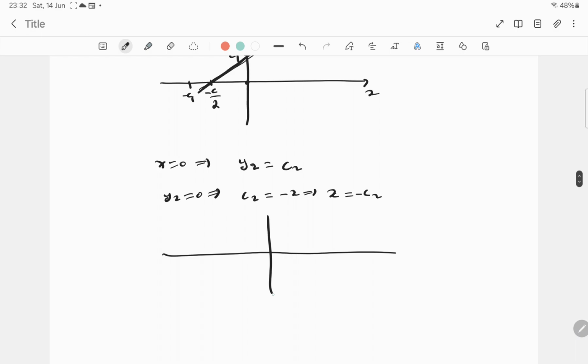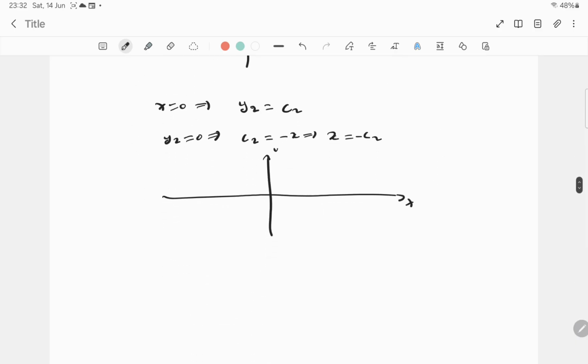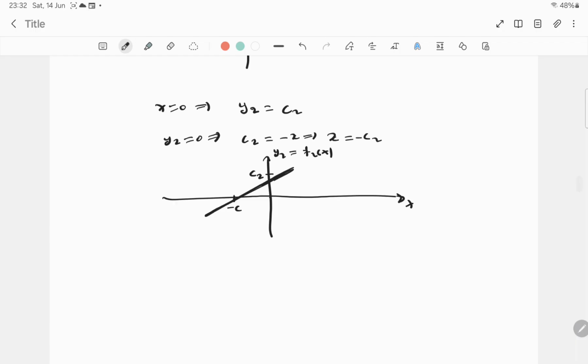So it looks like that. For x equal to 0, the y-intercept is c2. And for y2 equal to 0, x is minus c2. So that's another solution there.